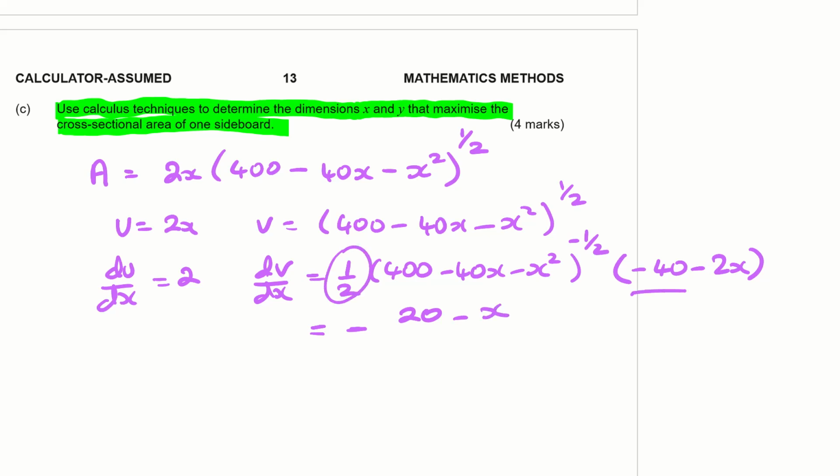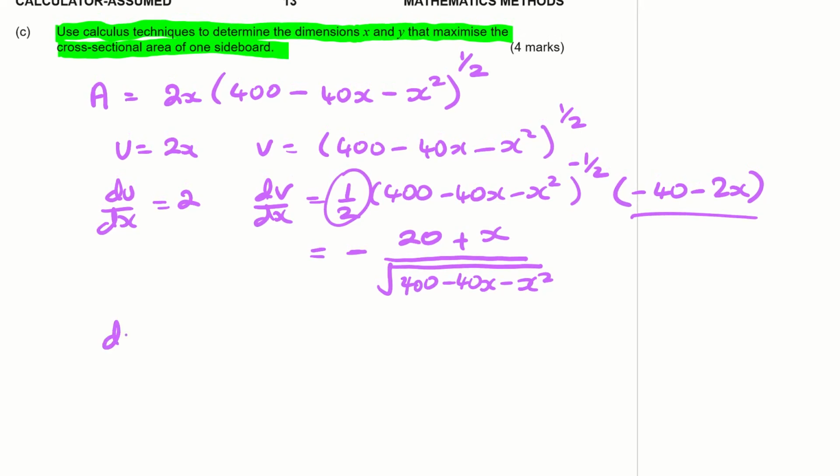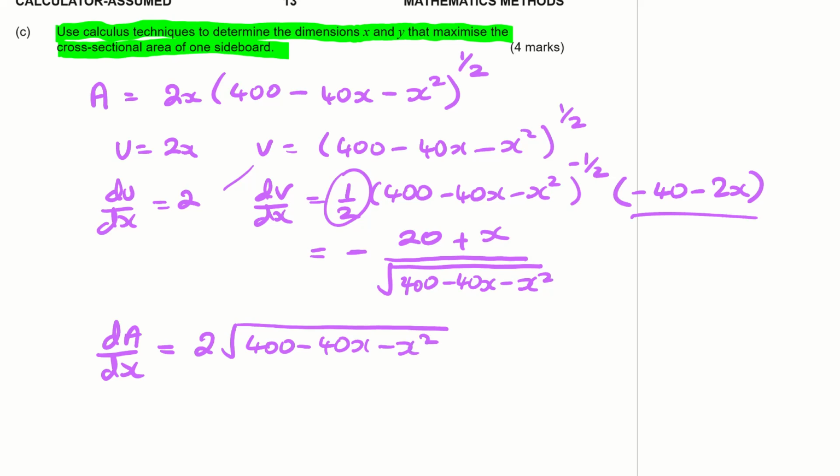That's just doing the half times this bit. Sorry, it'll be plus x because I'm going to put it all over the square root of 400 minus 40x take away x squared. And therefore dA dx, of course you can do a lot of this on your calculator, you don't need to do it manually as I've done it. So dA dx is going to be v du dx, so that's going to be twice the square root of 400 minus 40x take away x squared.